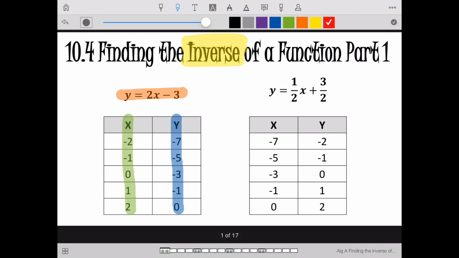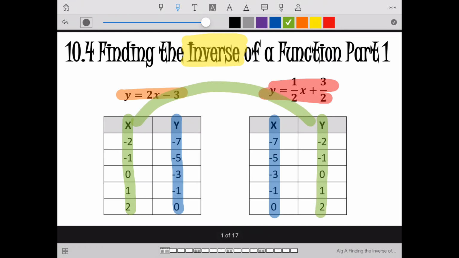Now look at this problem. Notice how all of the x values are the same as the y values from this problem. These are the same. Similarly, all of the y values are the same as the x values from this problem.